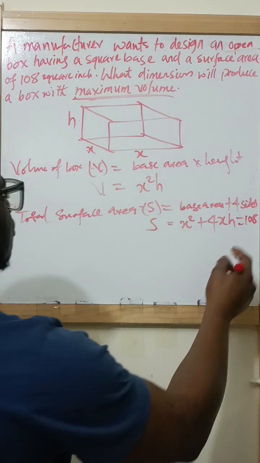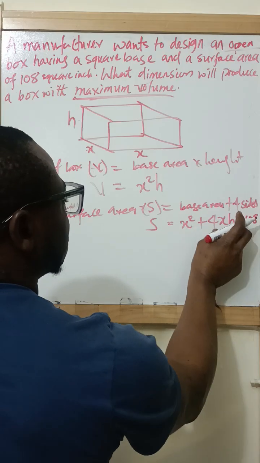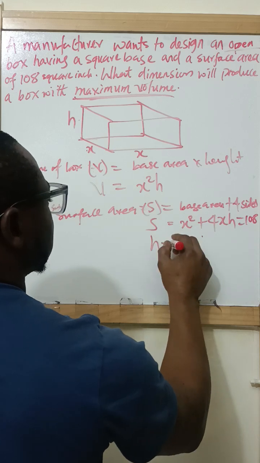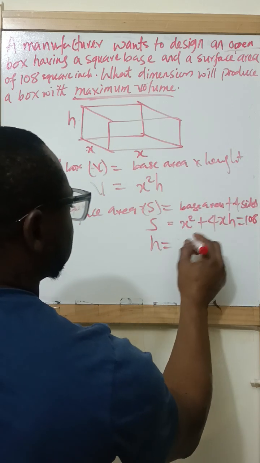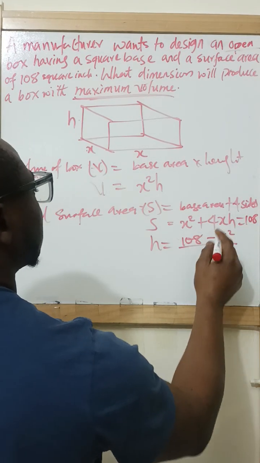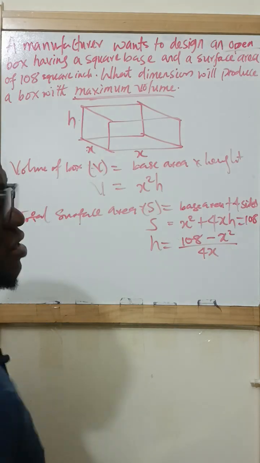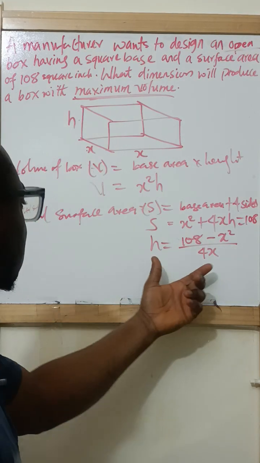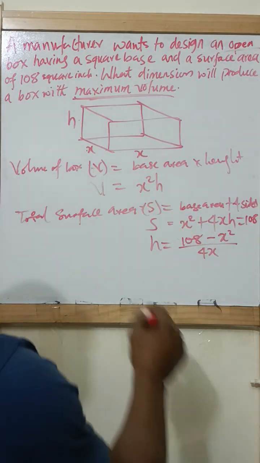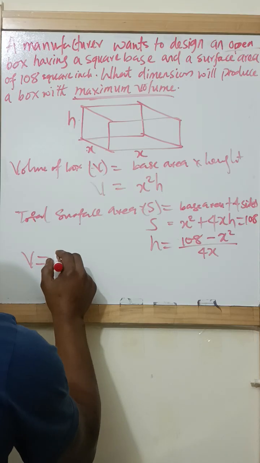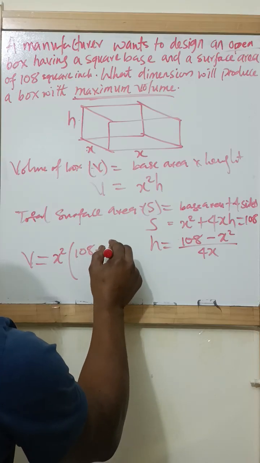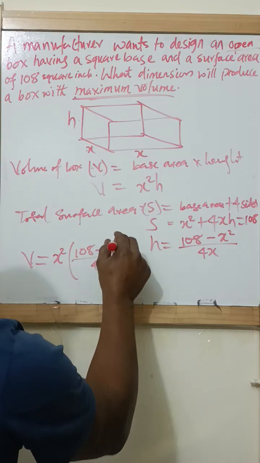So to get h from here, 108, let this one go to the other side. That will be h equals 108 minus x squared all over 4x. That's what it is. So now we substitute this in this equation, and the volume will now be x squared multiplying 108 minus x squared all over 4x.